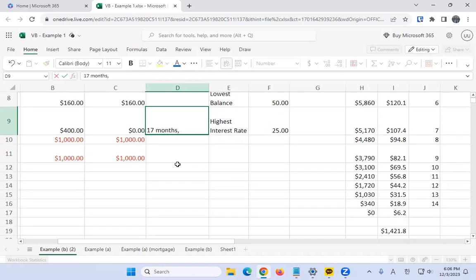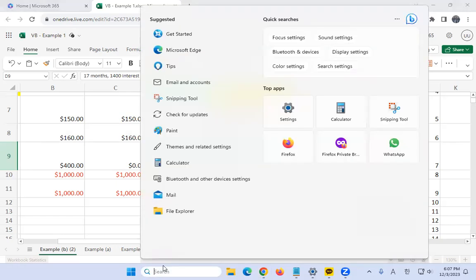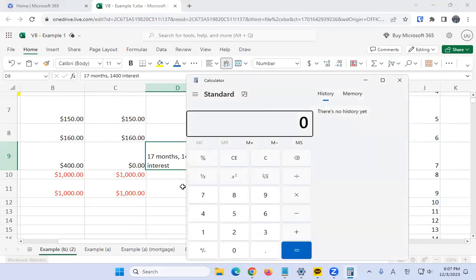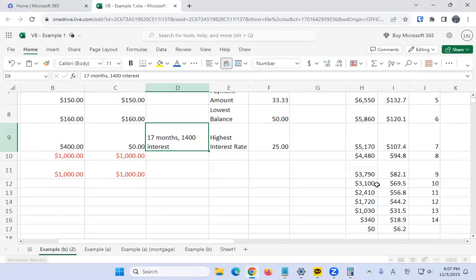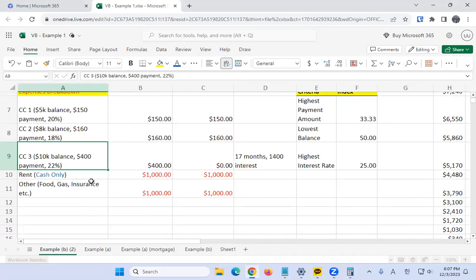And let's see, 17 months and 1,400 interest, right? So let's just take a look here. So this is going to take at least a little bit more than a year. So 17 divided by 12, yeah, almost a year and a half, or a little bit less than a year and a half to pay off this $10,000 credit card.